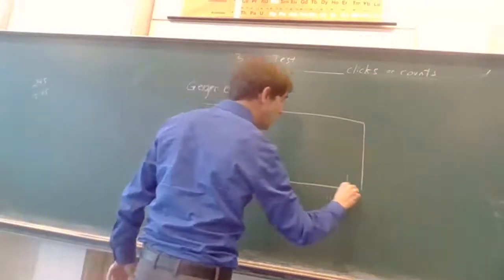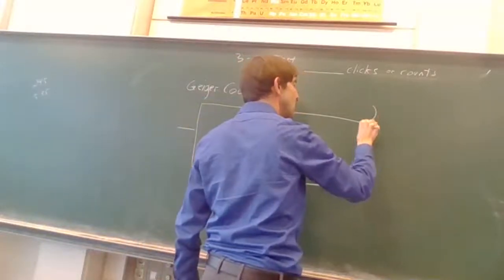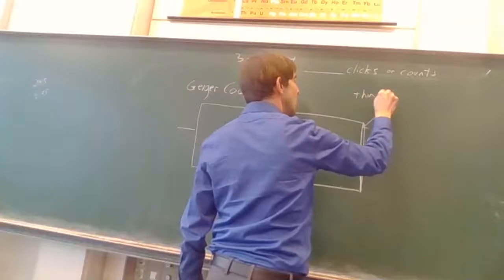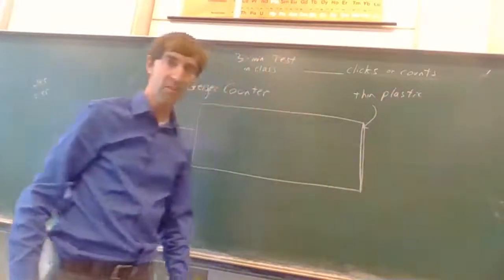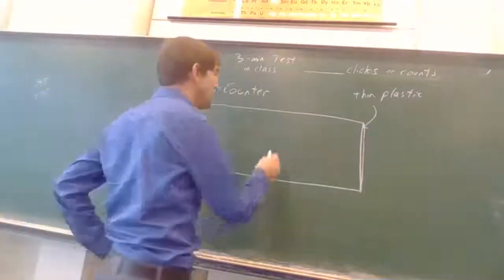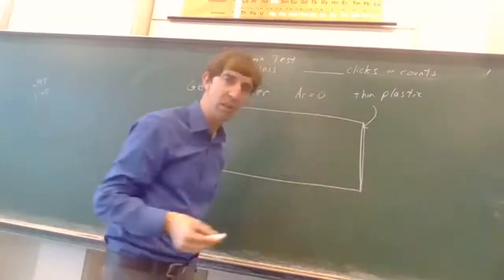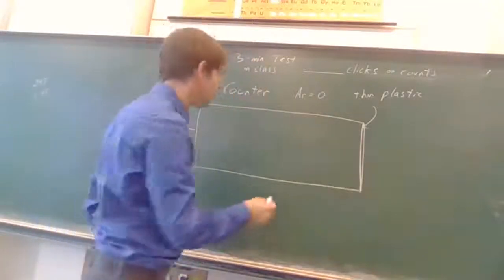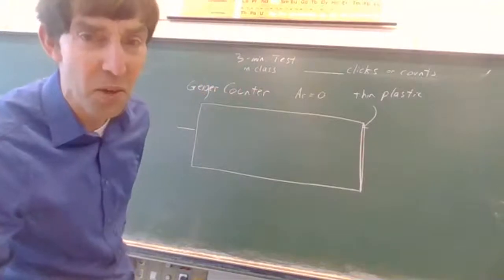Here's what's happening. So here's the thin plastic out here. Inside here, I've got argon. I'm going to let those be little circles. They're argon atoms. And remember from last semester, right? Argon is in what family?